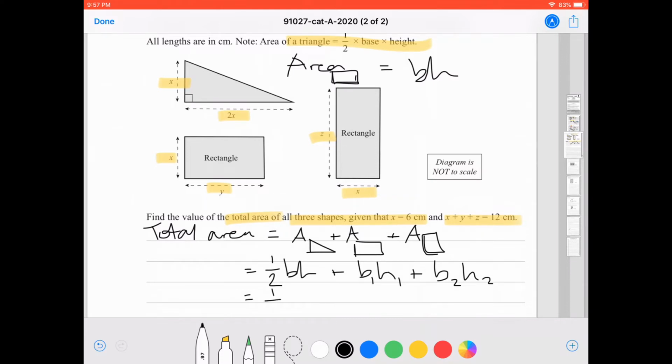Okay, and now we substitute in our values. The base of the triangle is 2x. The height is x. We've got xy. And our vertical rectangle is xz.